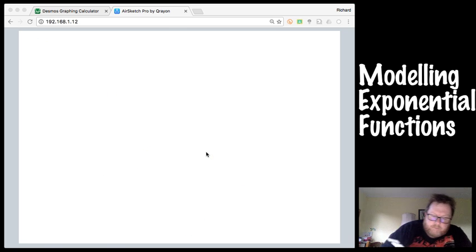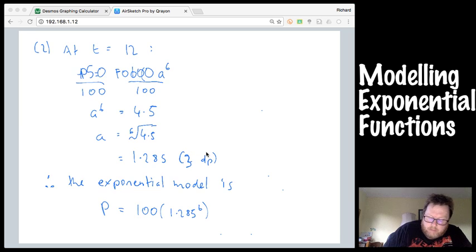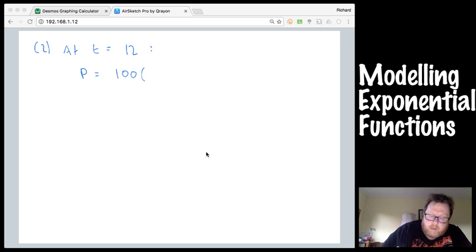So part 2. At t equals 12, so that's after 12 hours, the population is equal to 100 times, what was the number again? 1.285. 100 times 1.285 to the power of 12.